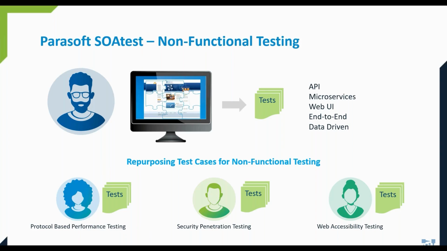So this gives teams really a head start in ensuring that they are building widely accessible applications, and it reduces future rework. Like any SOATest generated test case, SOATest non-functional test cases can be easily integrated into your CI/CD pipeline.